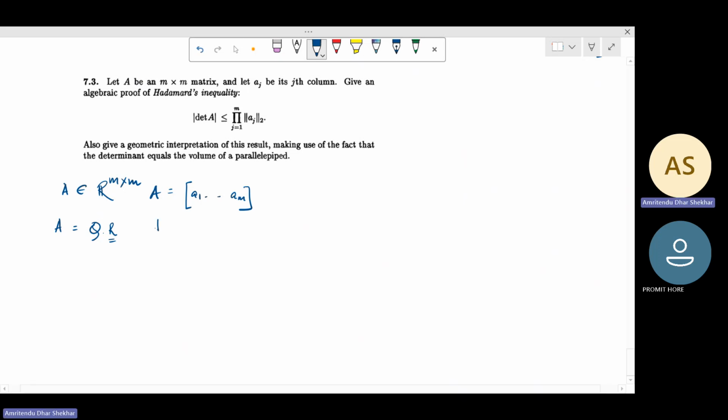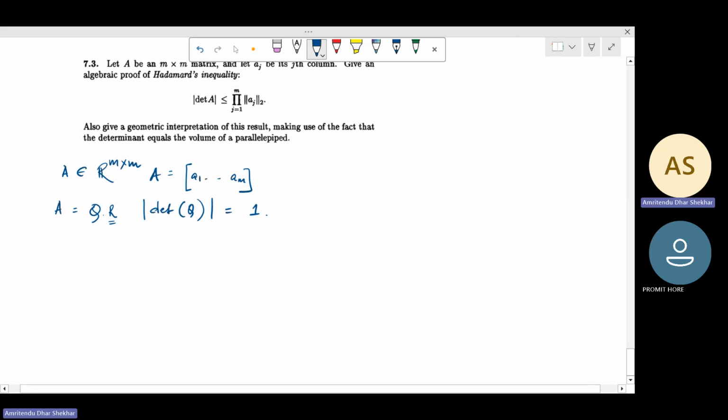The absolute value of the determinant of Q is always going to be equal to 1, right? So the determinant of A is equal to the determinant of R, I'm talking in absolute values. What is R? R is an upper triangular matrix. This is the basic stuff.